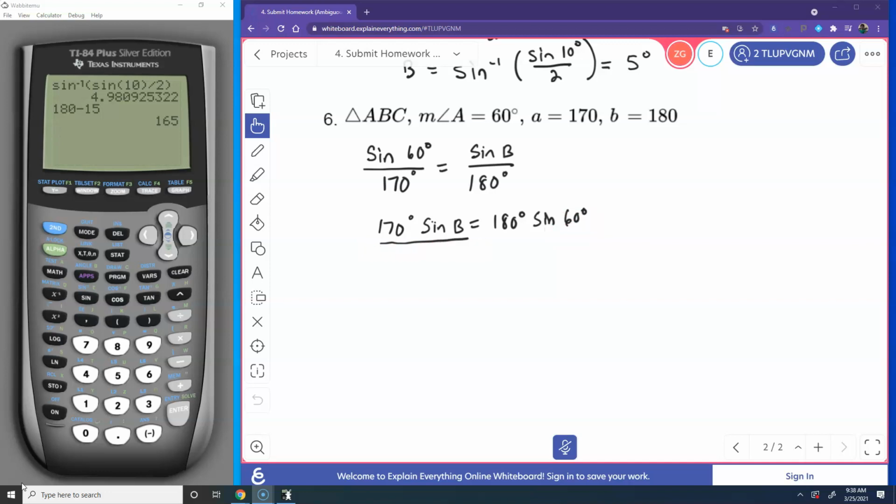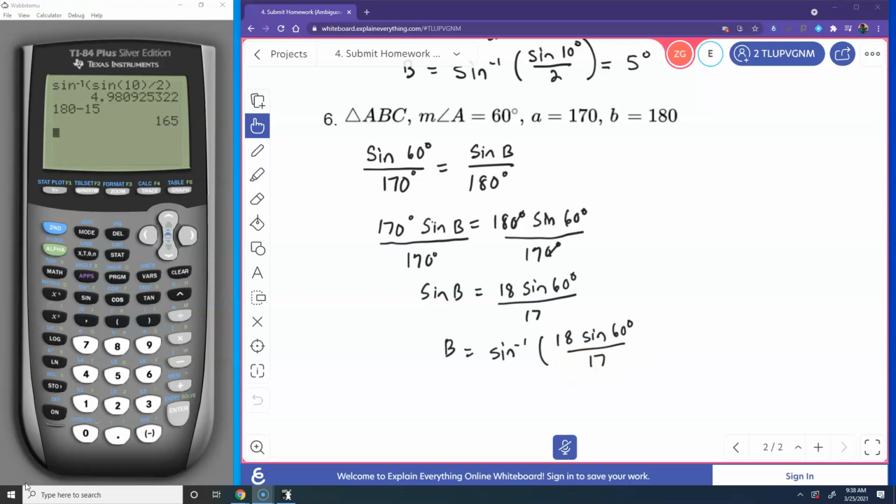So what we're going to do now is we're going to divide by 170 both sides. So we have sine of B is equal to, and the zeros cancel, so we have 18 sine of 60 degrees over 17. What we're going to introduce now is the inverse sine. So the inverse sine is going to be 18 sine of 60 degrees over 17.